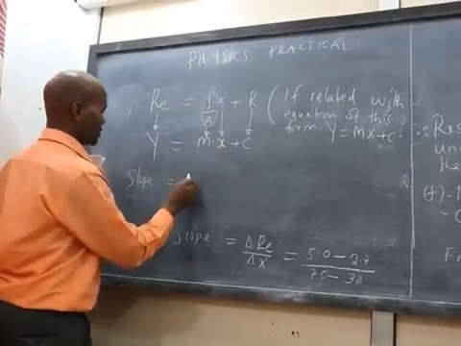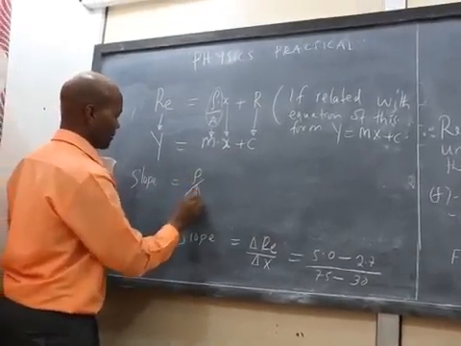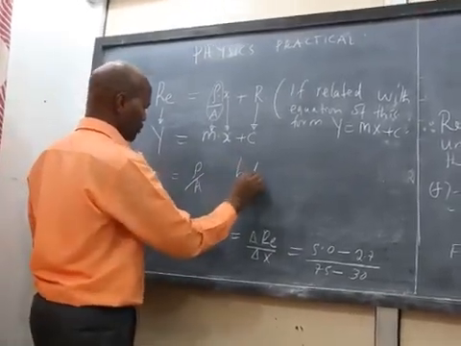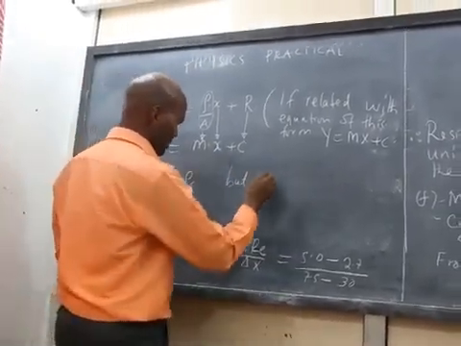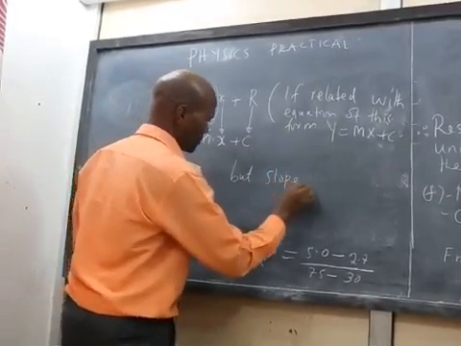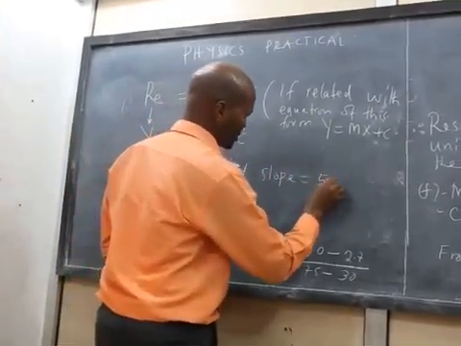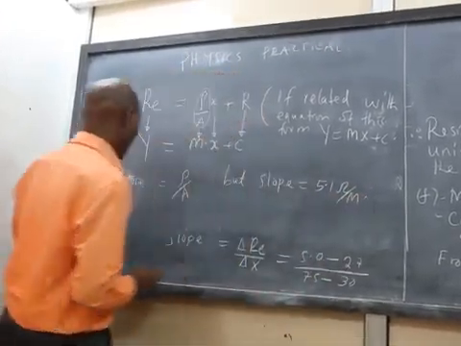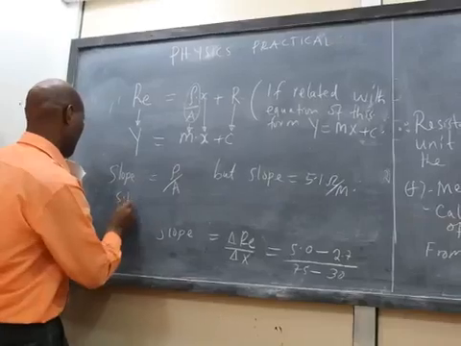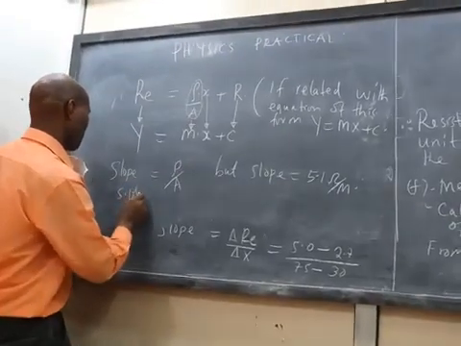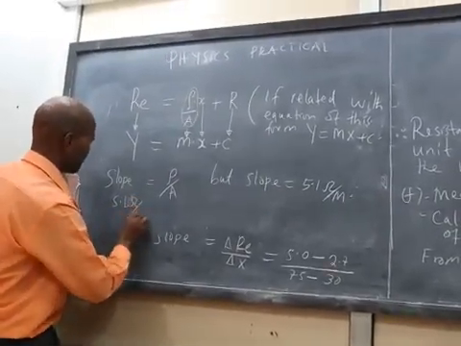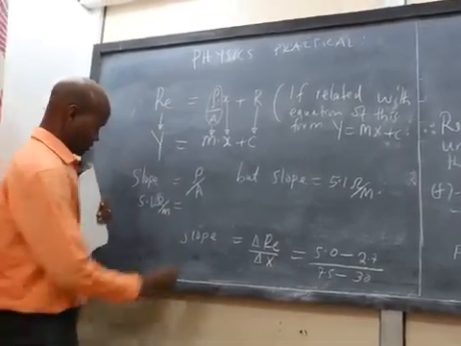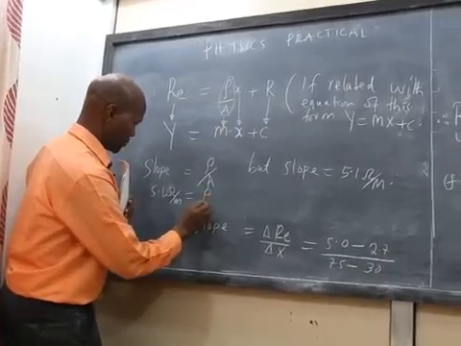We have the value of slope: slope is equal to 5.1 ohm per meter. So 5.1 ohm per meter is equal to resistivity over area.